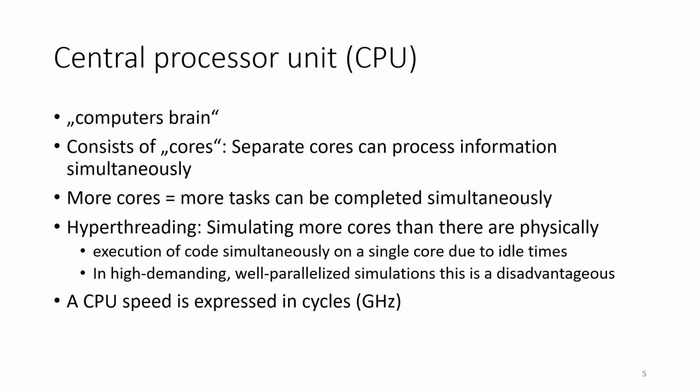But the idea is that if you're a regular user, just operating system with a bit of internet browsing and Word documents, your programs do not require the cores to be under full load all the time. So there's idle time where the core has nothing to do. What the computer very intelligently does, when it's simulating 8 cores but there are only 4, is shift the tasks onto the virtual cores in the idle times of the physically existing cores.